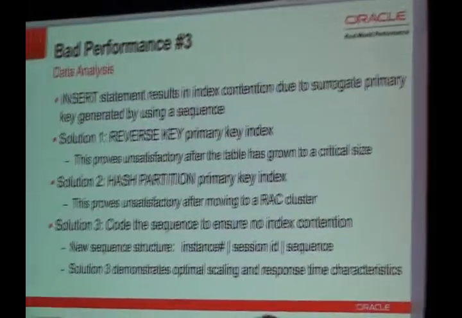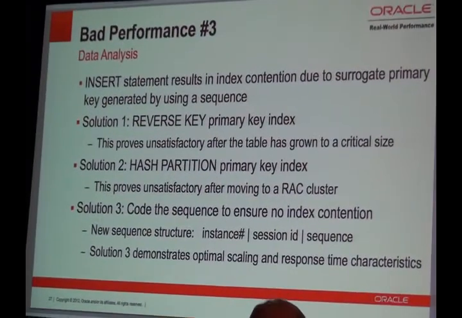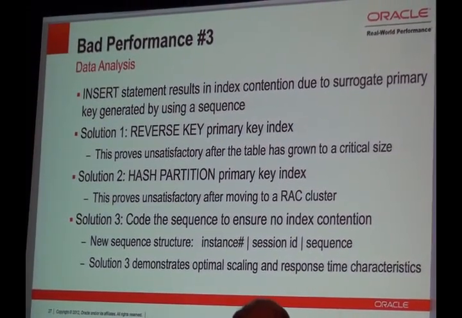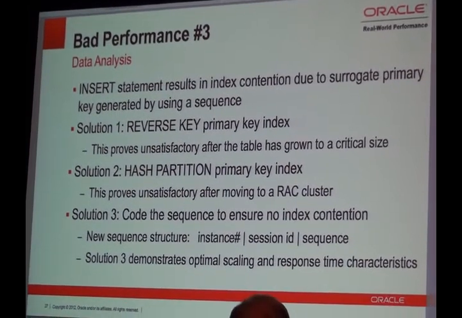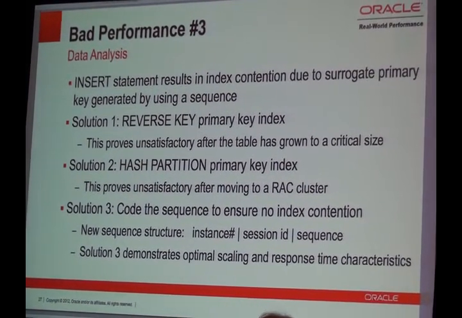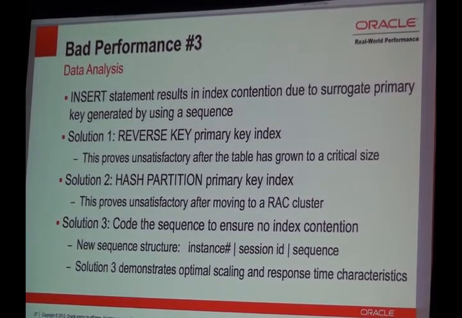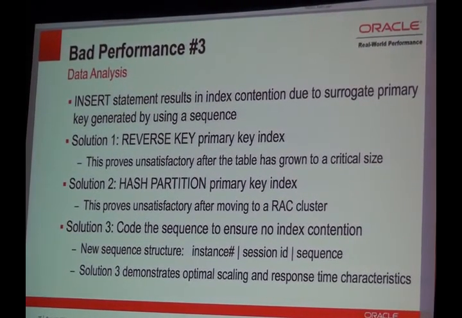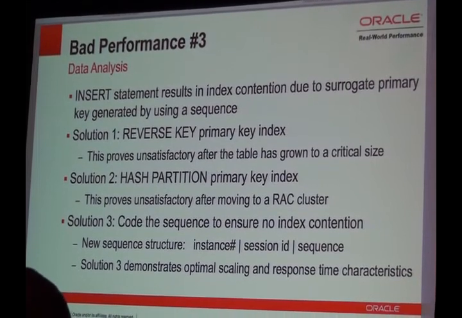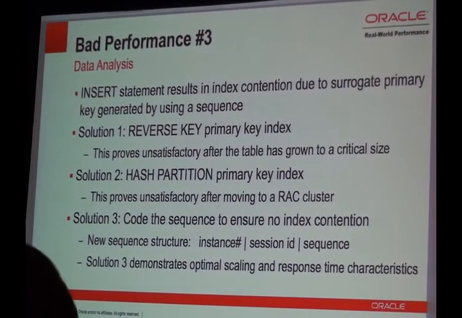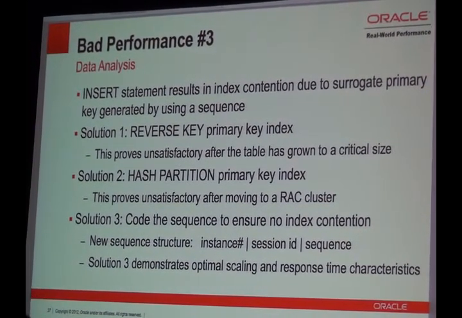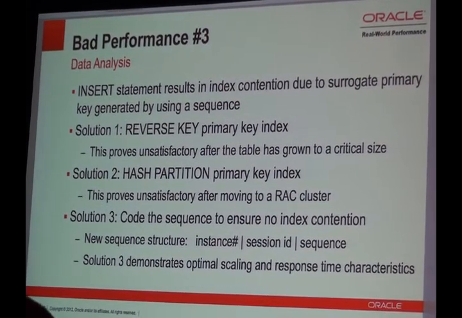The first solution, you saw that to be an exceptionally good solution for a while, while the table was small. Very good solution, until such point that the index became bigger than your buffer cache. Then you had to start doing physical IOs to get it in there.